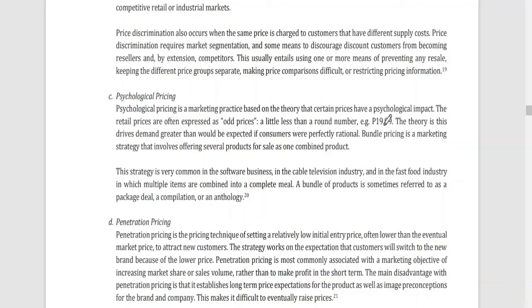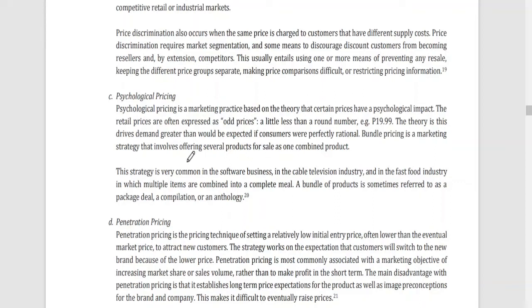So, it still seems cheaper in the tens, right? But actually, 20 is what you need to pay to buy it, right? So the theory is this drives demand greater than would be expected if consumers were perfectly rational. So it seems like you saved, but actually it's not.